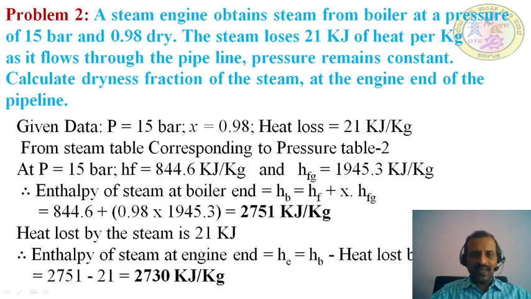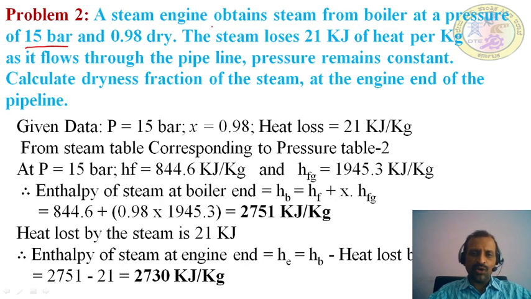A steam engine obtains steam from a boiler at a pressure of 15 bar and 0.98 dry. So he has given the pressure 15 bar and 0.98 dry. 0.98 dry means it is wet steam, right? Dry means it is a dryness fraction. If we are given the dryness fraction, then it is wet steam.